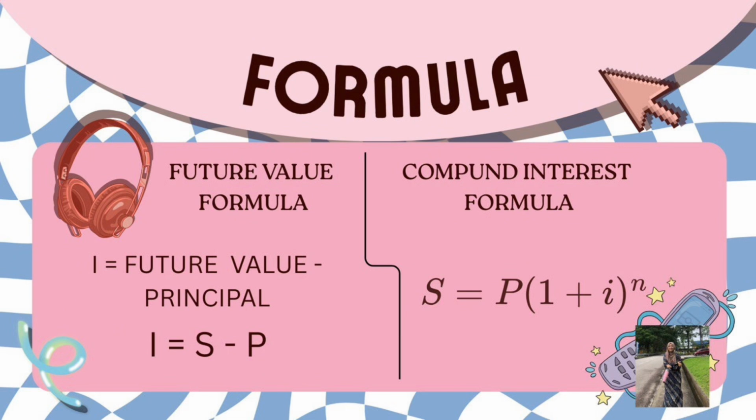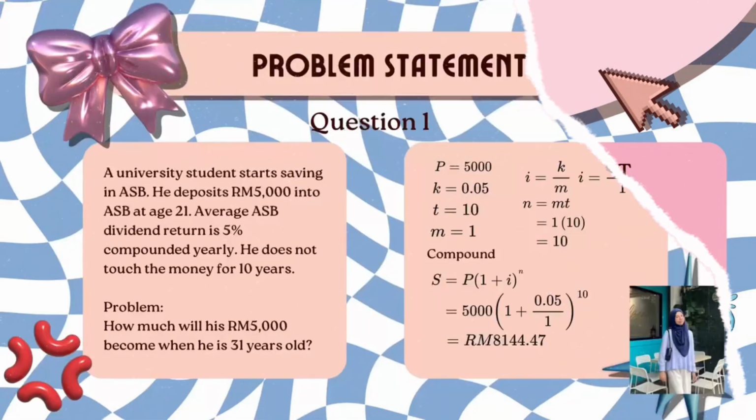S is the future value, then P is the principal, next lowercase i is the interest rate per period, and lastly n is the number of interest periods. This formula helps us calculate how much money will grow when interest is added not just to the principal but also to the interest that's already been earned.